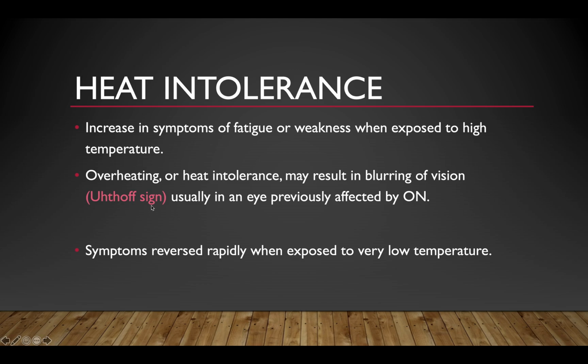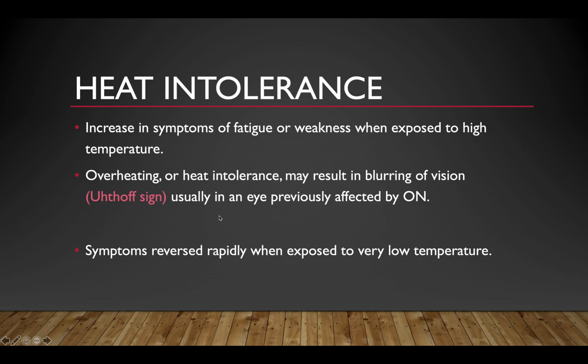There is a sign which is called Uhthoff sign, which is when a person exposed to overheating may experience blurring of vision. So the Uhthoff sign is blurring of vision resulting from overheating.